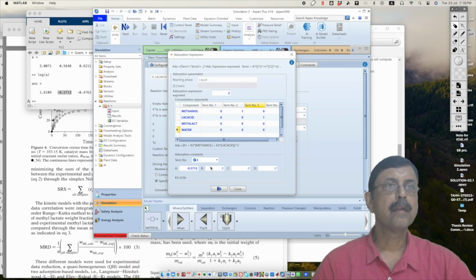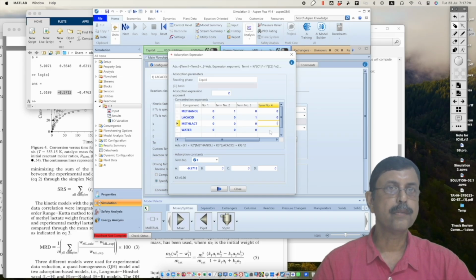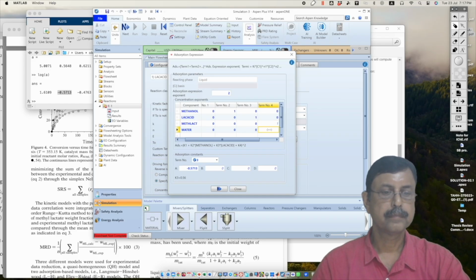Then term 4 will be methyl lactate. So this is 0, this is 0, this is 1, and this is 0.